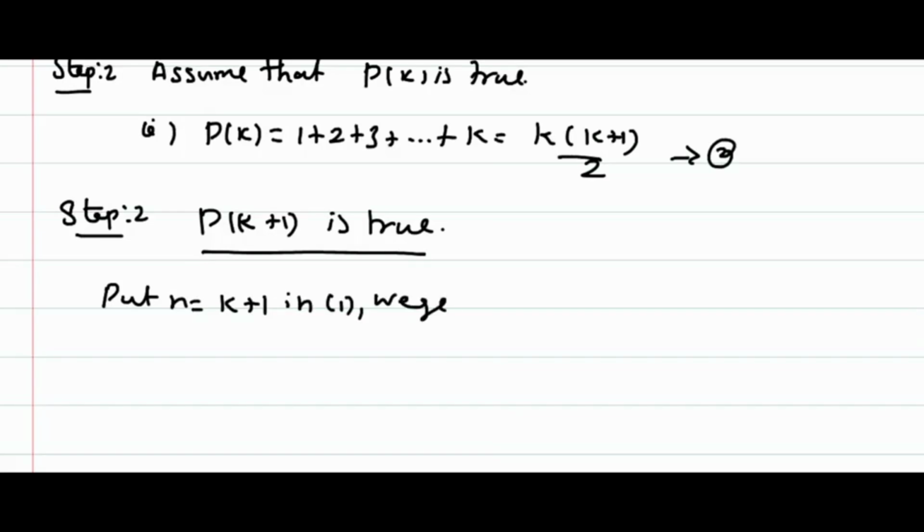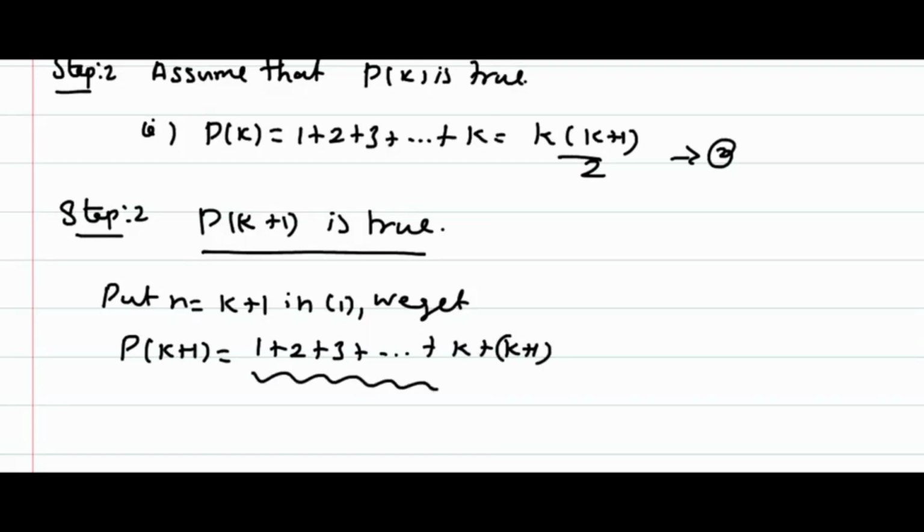We get P of k plus 1 equal to 1 plus 2 plus 3 up to k plus 1, so k plus 1 numbers are there. Up to k this is nothing but equation number 2, so we get k into k plus 1 by 2, plus k plus 1.